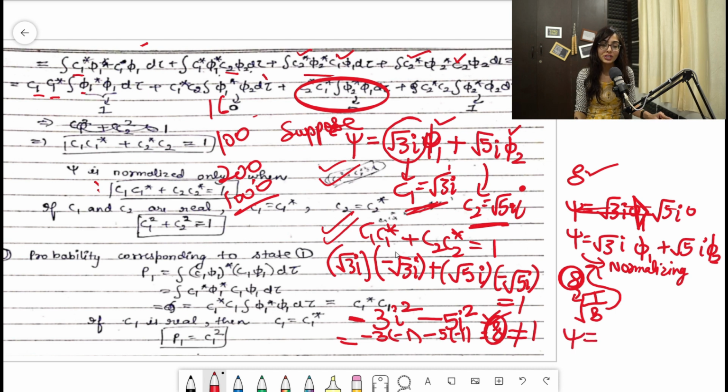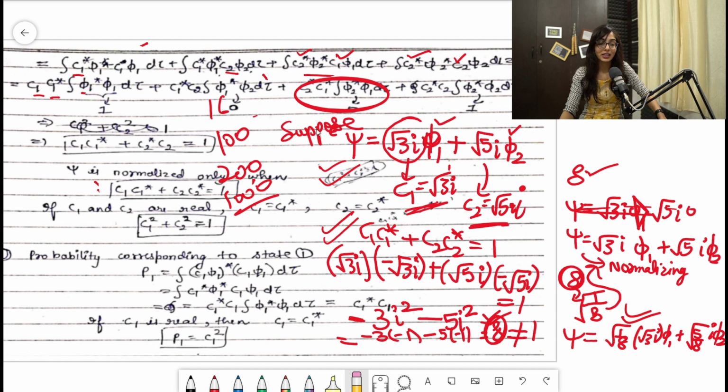So my new equation will become root 1 by 8 into root 3i phi 1 plus, again, root 5 by 8. When I multiply root 1 by 8 into root 5, that will become i phi 2. This will become my new equation, and only then I'll proceed further to calculate the probability and all.